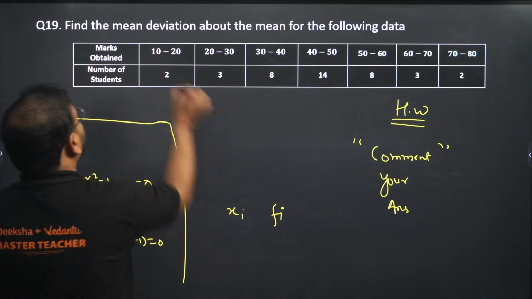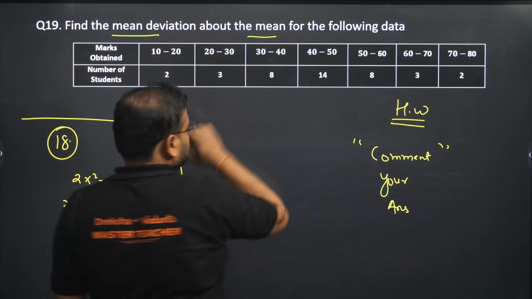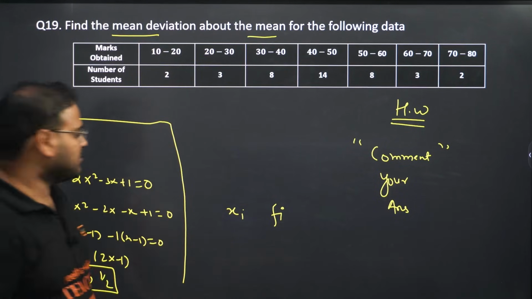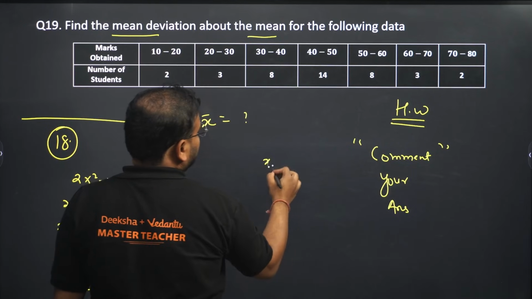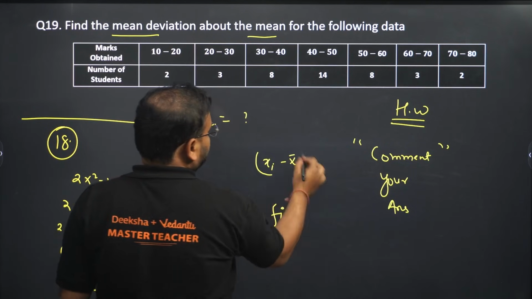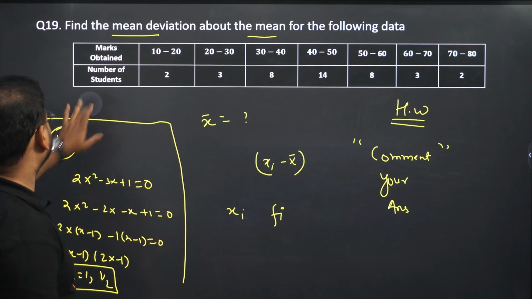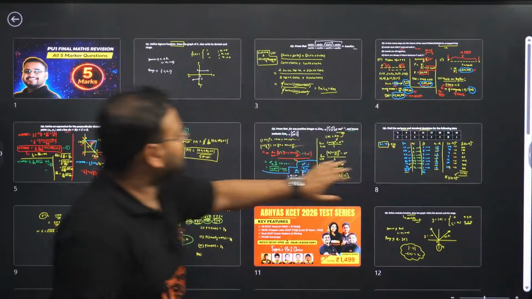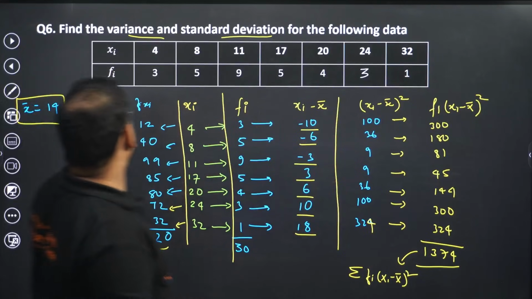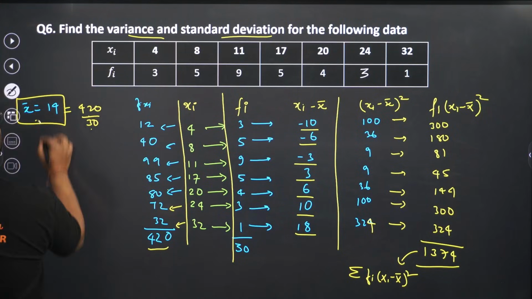They're asking what? Mean deviation across the mean. So find the mean first, then find the deviation. So you're going to find the x bar first, then you're going to find what? Xi minus x bar. Remember, like the first question we solved. You'll find the x bar first. This value is your mean.